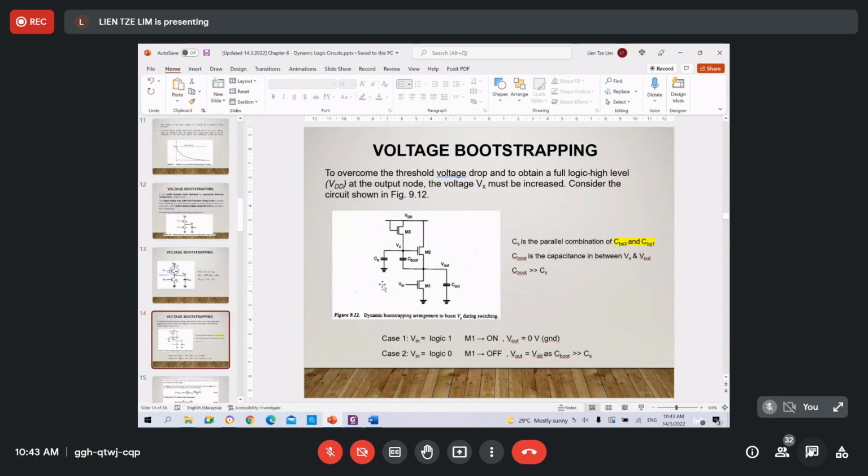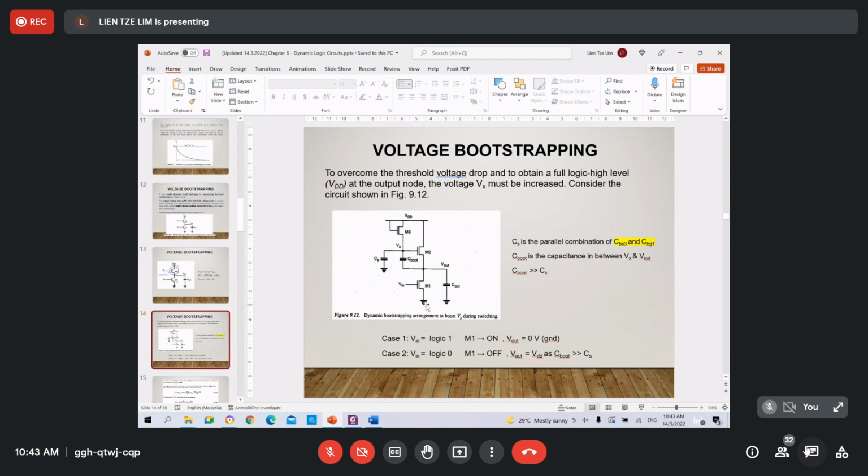This is the circuit we call the dynamic bootstrapping circuit. There is an additional capacitor added at the input of this transistor M2, and also another transistor M3 is added.